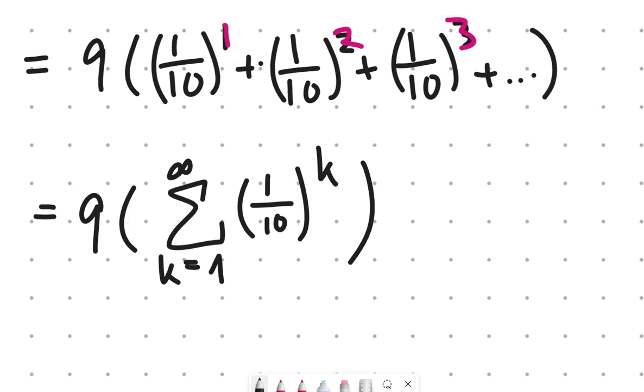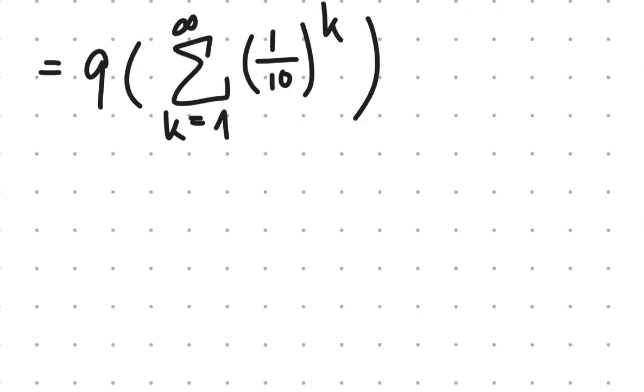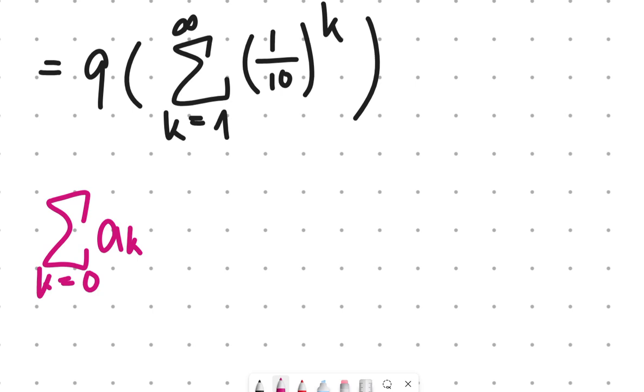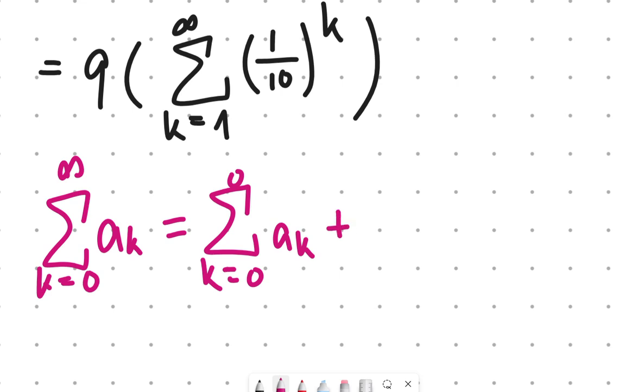Now how can we write this down as a sum from k going from 0 to infinity? Now we know that we can write sums as, let's say, when we have a sum of a_k where k goes from 0 to infinity, which is equal to the sum of k going from 0 to 0 of a_k plus the sum of k going from 1 to infinity of a_k.